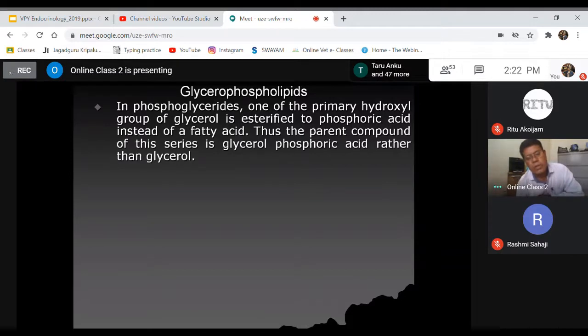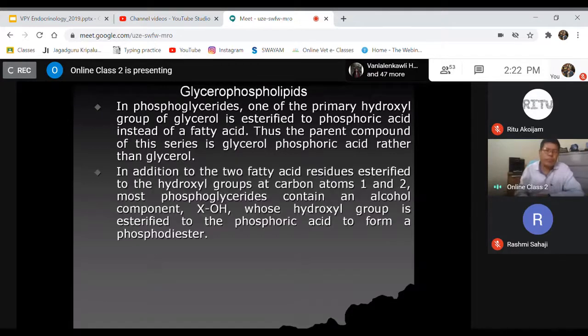So here it is glycerol phosphoric acid, but not the glycerol. We have the structure, we'll see that. In addition to the two fatty acid residues esterified to the hydroxyl groups at carbon atoms 1 and 2, most phosphoglycerides contain an alcohol component, which is represented by XOH.